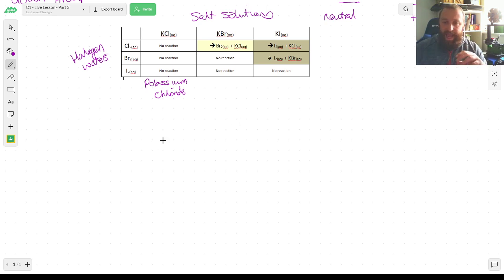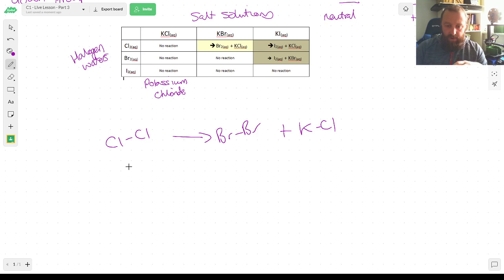What's actually happening here, if we draw this out, is we've got a chlorine molecule, and we're ending up with a bromine molecule and potassium chloride. I would have to balance this if I was writing it out.